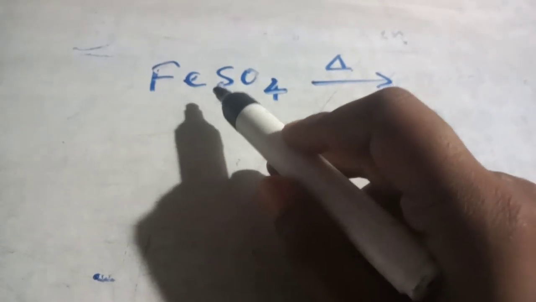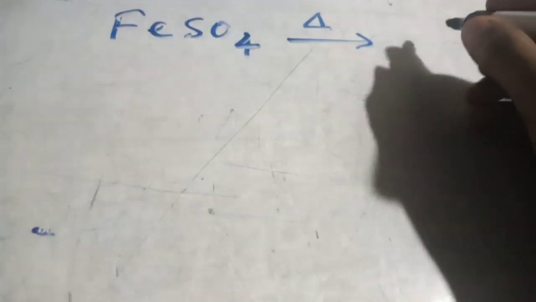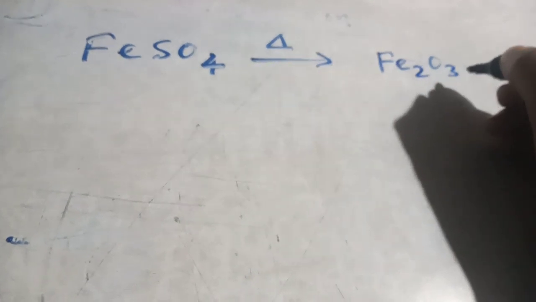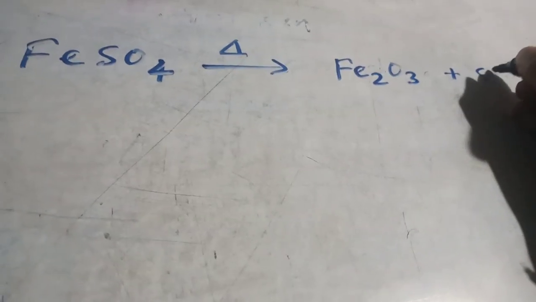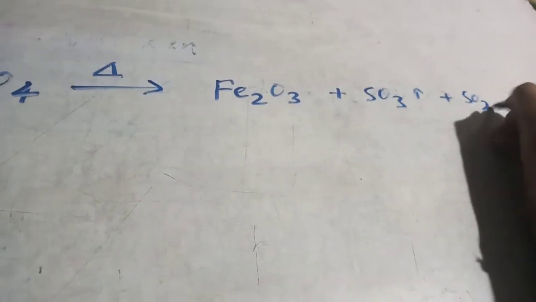Another example of thermal decomposition reaction is when we heat ferrous sulfate, iron sulfate, then it will form two or three new compounds, that is iron oxide, Fe2O3, plus SO3 gas, sulfur trioxide, plus SO2 gas.